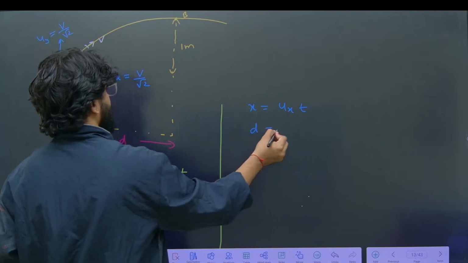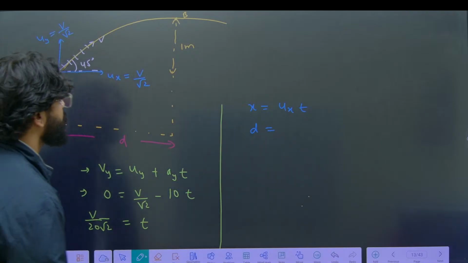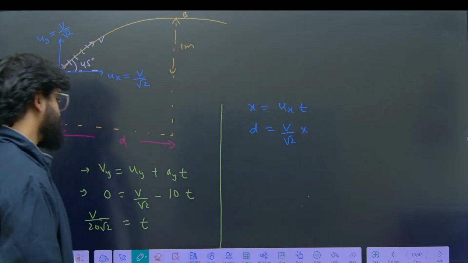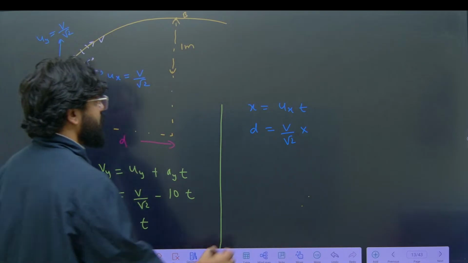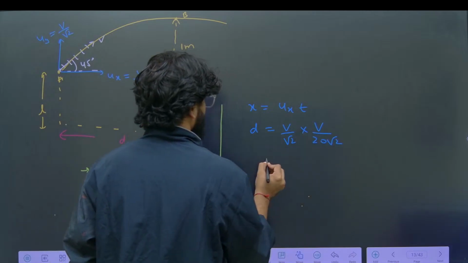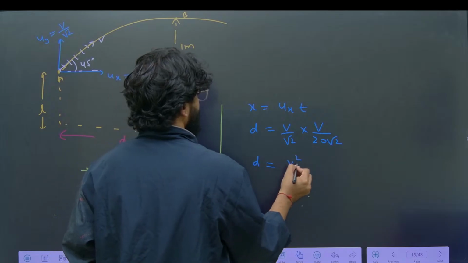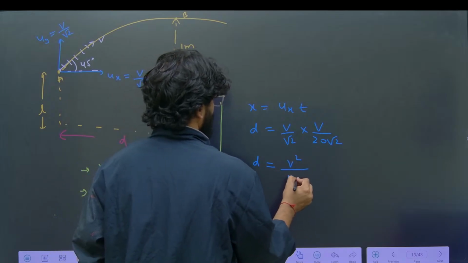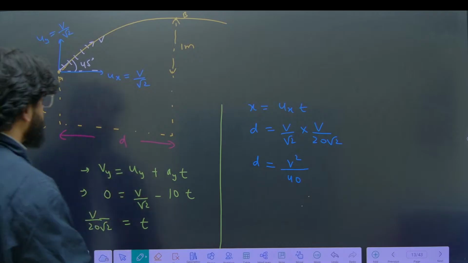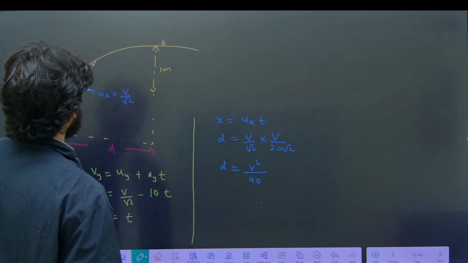X is D, ux is V by root 2, and the time is V upon 20 root 2. So D over here is V square upon 40, correct? Now we know this.